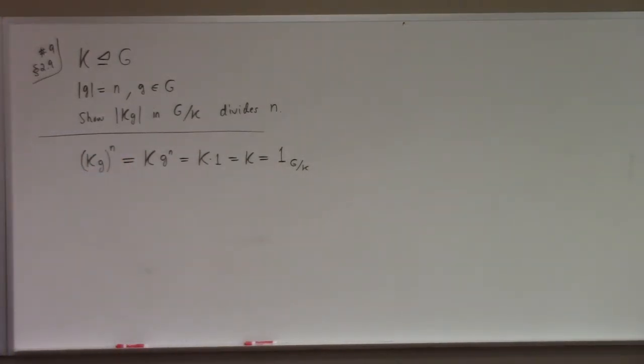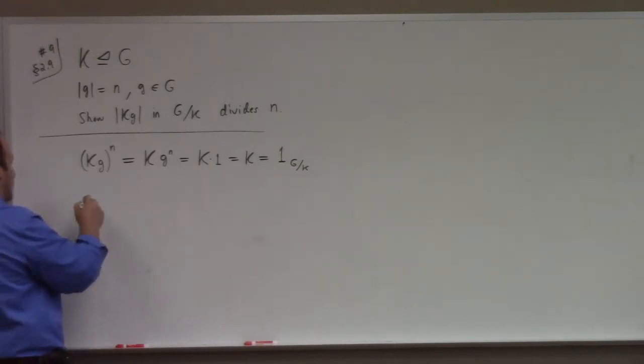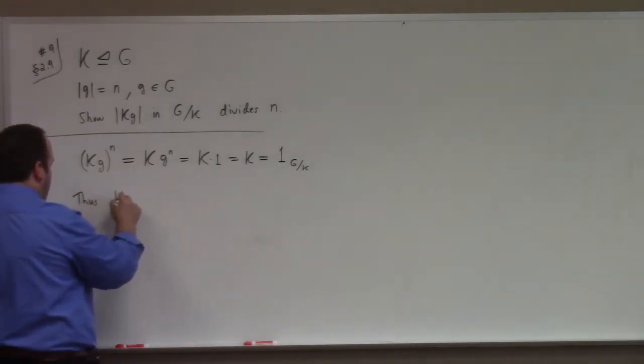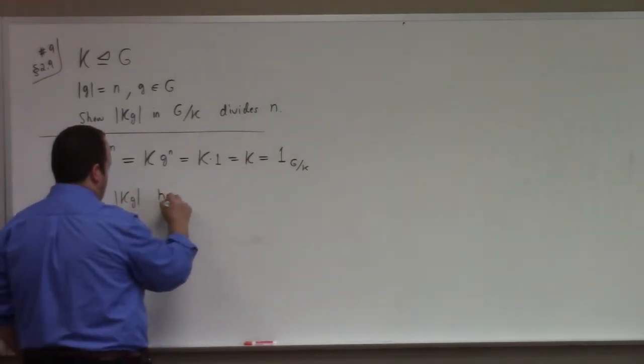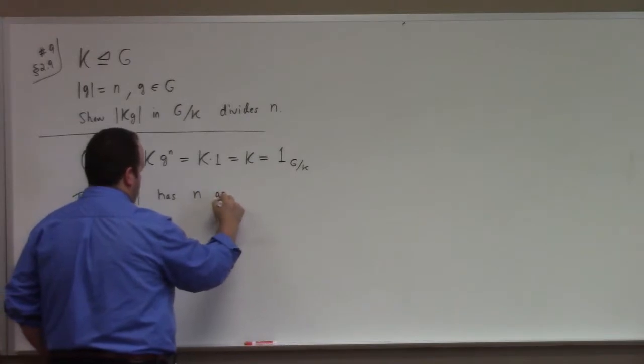But a factor group is a group, right? So what theorem do we have? What does this say about the order of kg? It has n as a multiple, right?